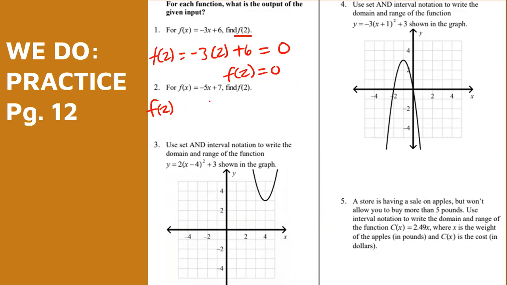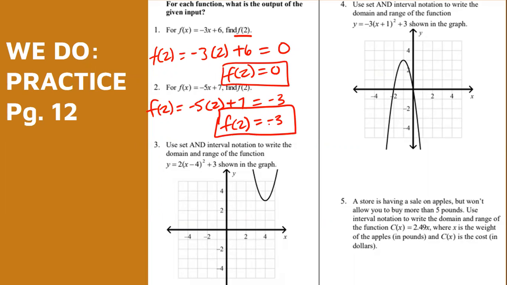Doesn't matter that it's a different function. Same thing, plugging in 2 for x. And I end up with -3. So my answer is f of 2 equals -3. That is function notation. Questions about function notation?